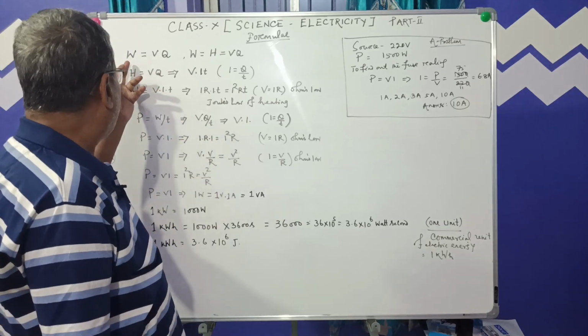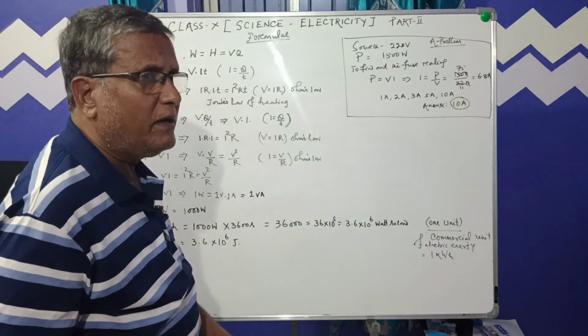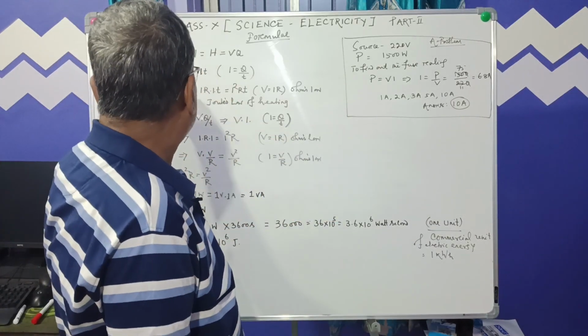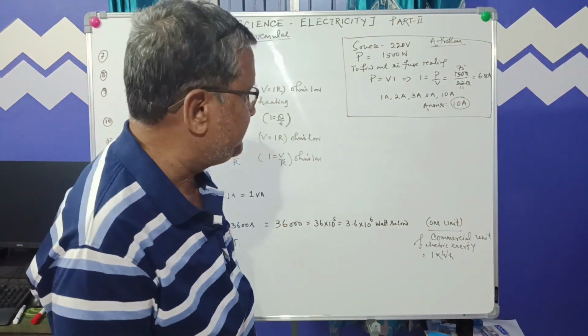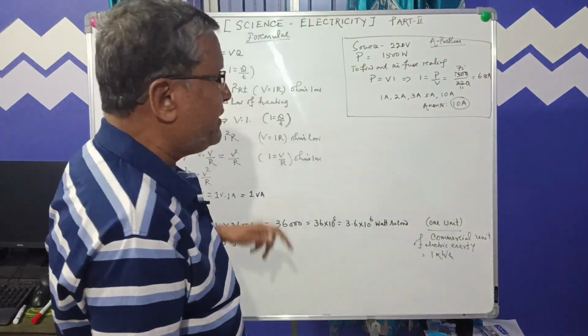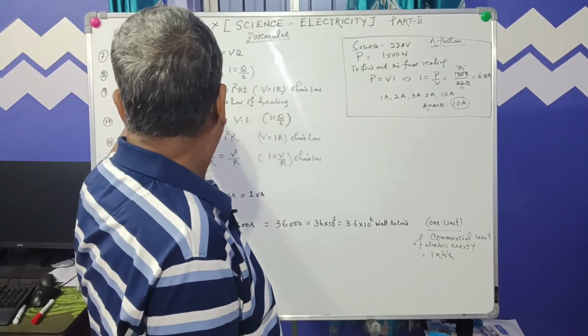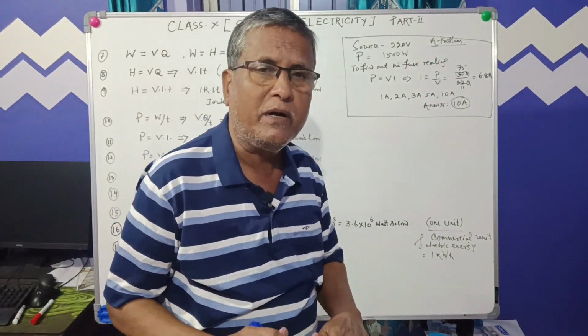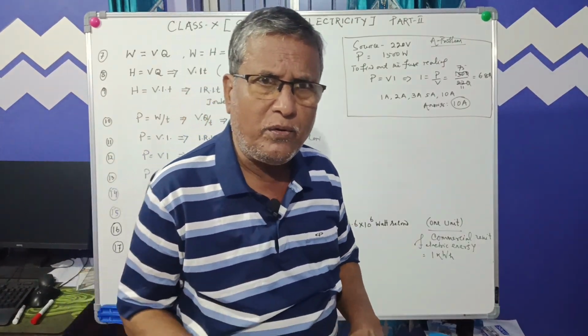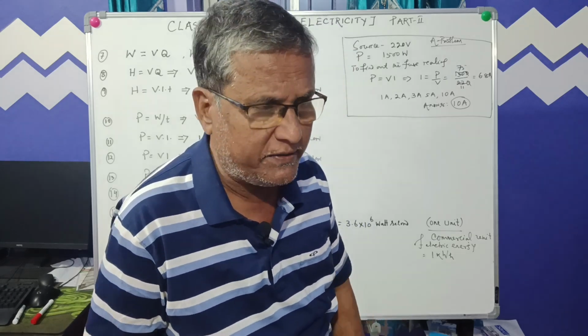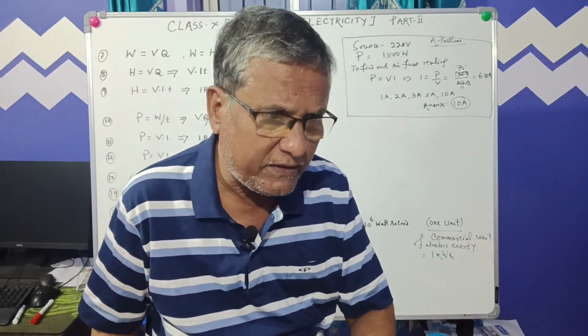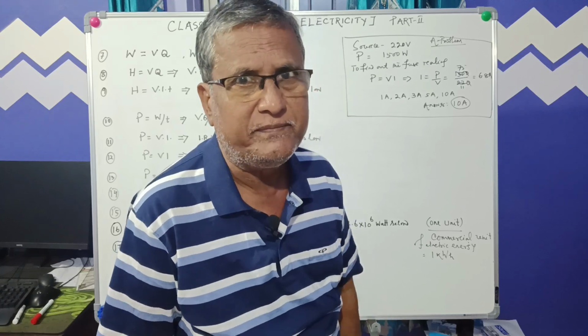So first formula we have taken W is equal to VQ. Let's remember we have discussed this formula in our formula number 1. Why W is equal to VQ? We have already discussed. You know, in an electric circuit, the circuit is always resistive.